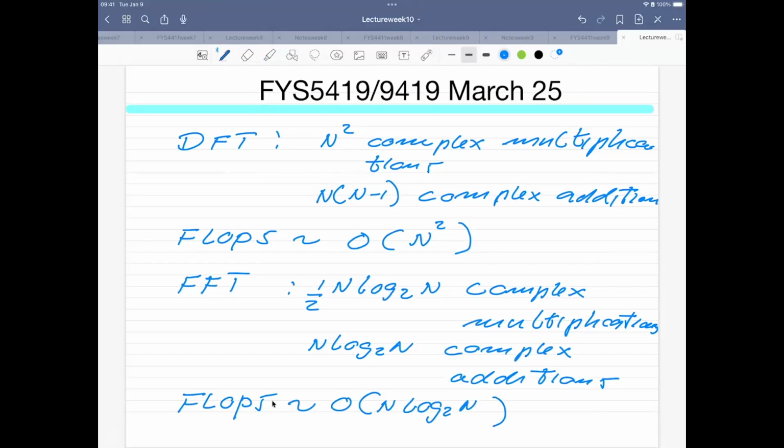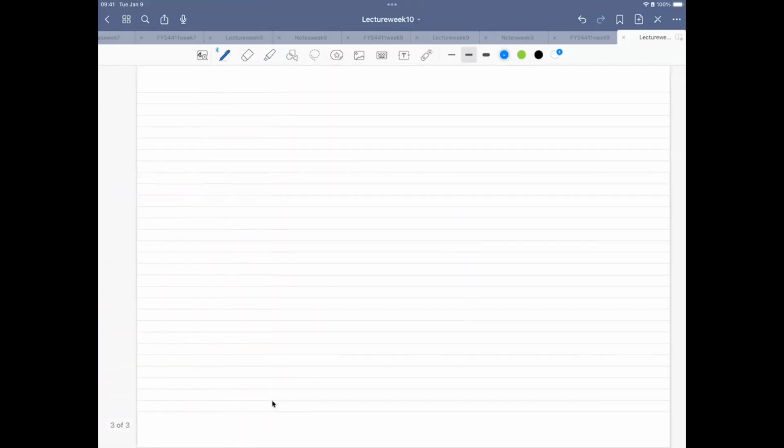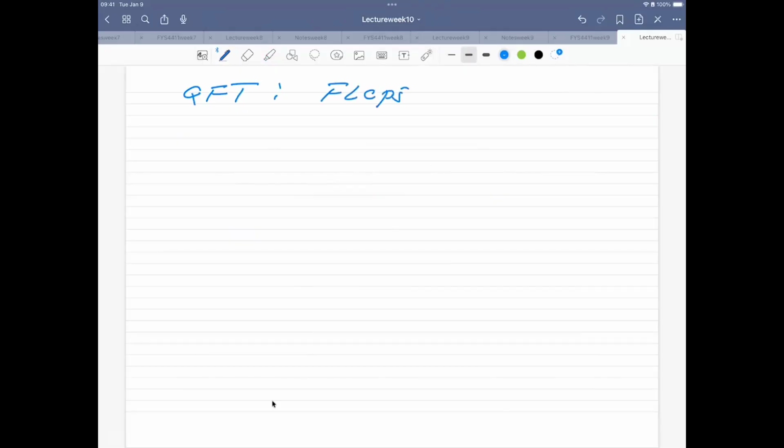Now, what we are going to show later today is that the quantum Fourier transform has a number of flops which goes like O of n squared, and n is the number of qubits. One of the reasons why I repeat some of these things is that the n which we have here is the number of states.